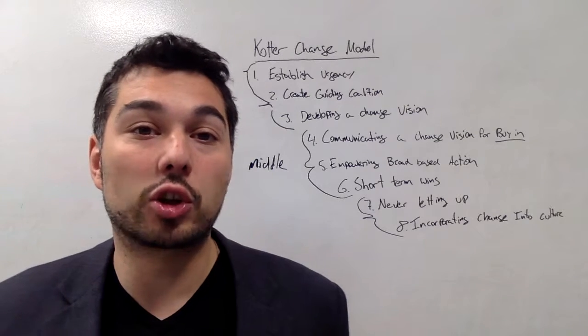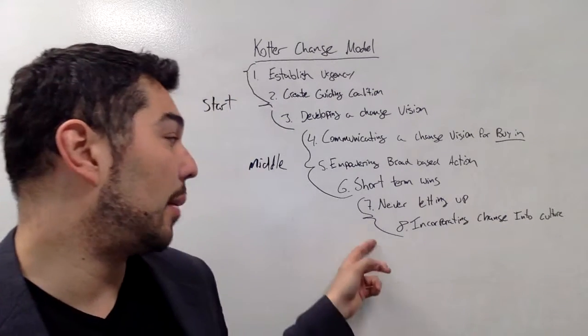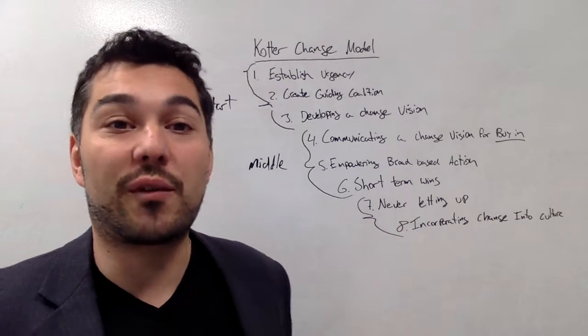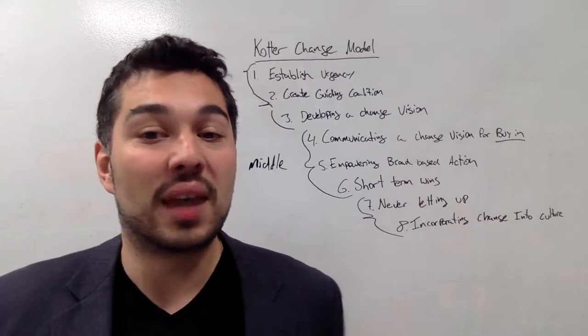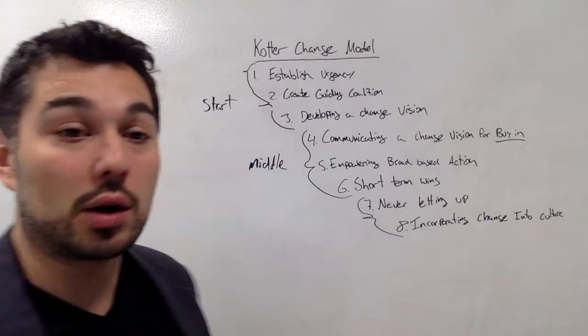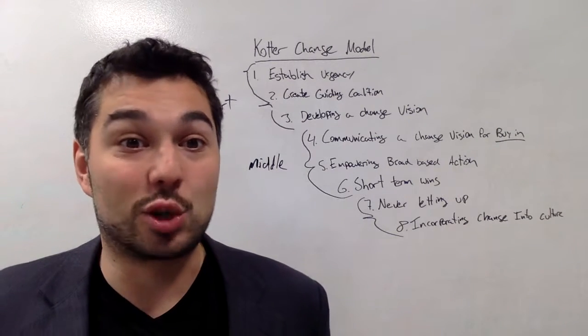So we talked about culture and values being super important as part of your organization. So this is the opportunity to say change is part of who we are. We've done it before, we can do it again in the future. And if you incorporate change into the culture, then the next time you have to go through this model, it's going to be way easier because people are going to see that it's doable.